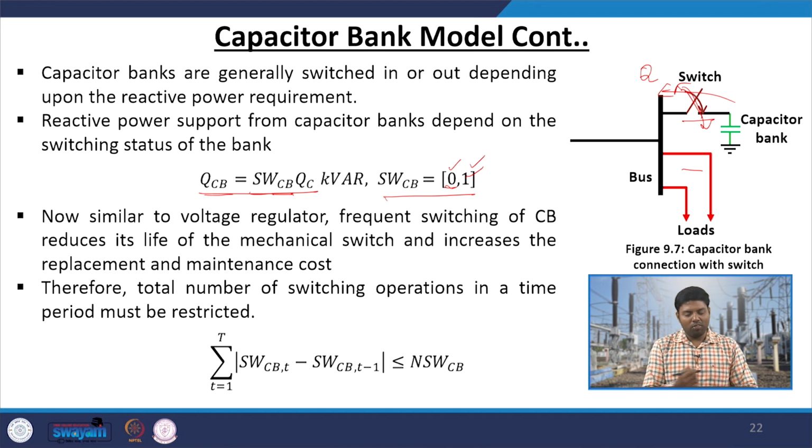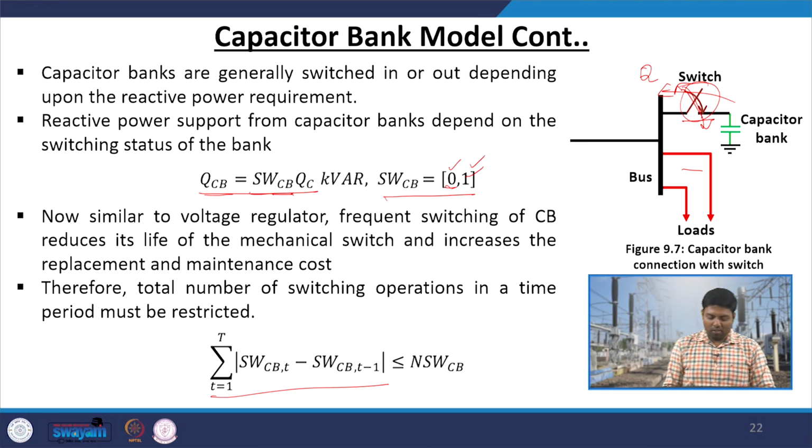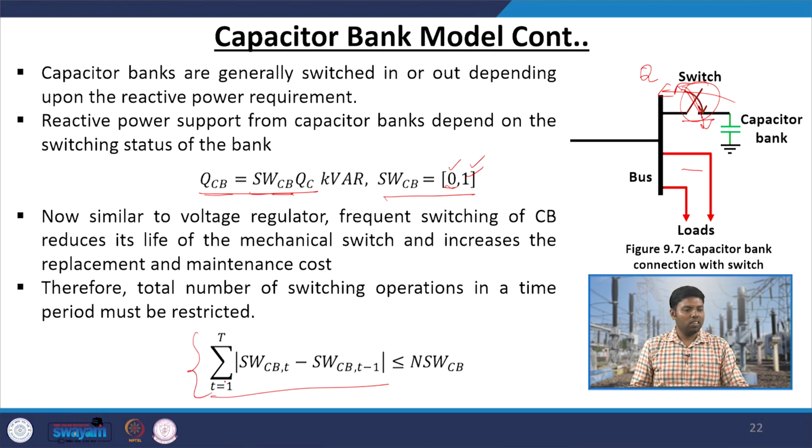Similarly, like our voltage regulator, this switch is a mechanical device. So, you cannot afford to switch it on and off multiple times because of this wear and tear, which will reduce the life expectancy of that switch. So, similar to the voltage regulator, for the capacitor bank as well you have a switching constraint: for the total number of time intervals, the total number of switching operations done must be less than a specified maximum limit.